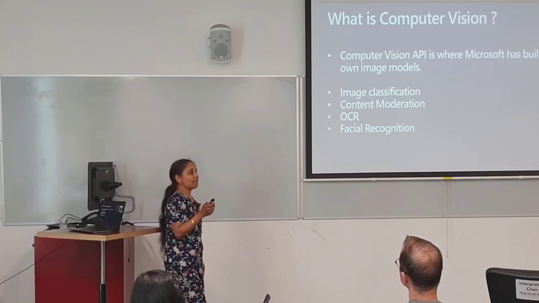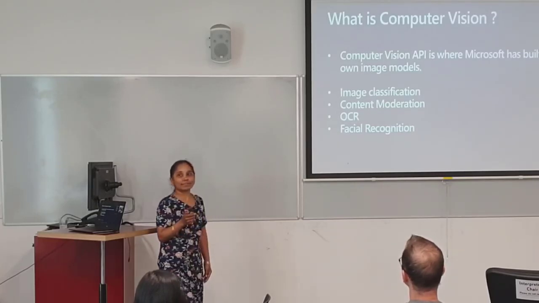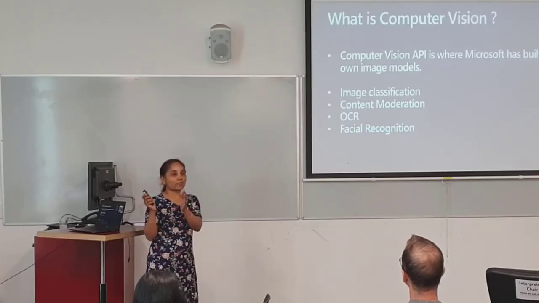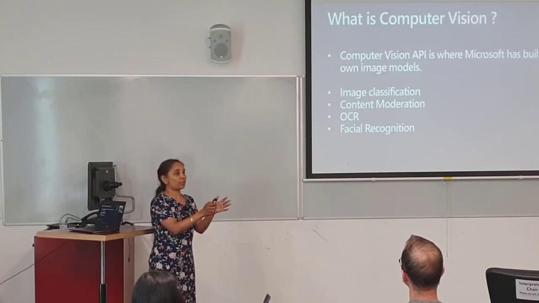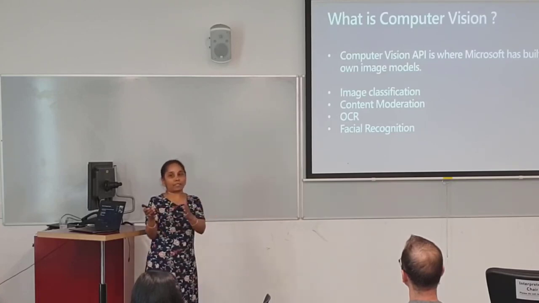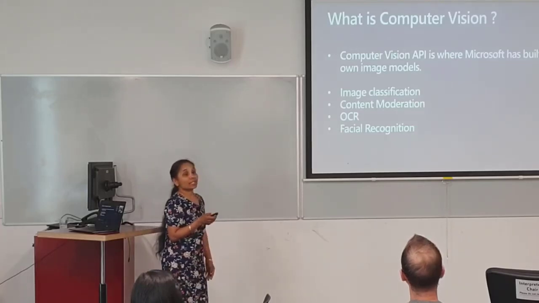And what do you mean by image classification? Any ideas? Any answers? Categorization of images. Yes. Okay, so if you have a bunch of photographs of, let's say, bananas, and if you have a bunch of photographs of apples, you can classify them as apples and bananas. So that's the image classification. What is content moderation?